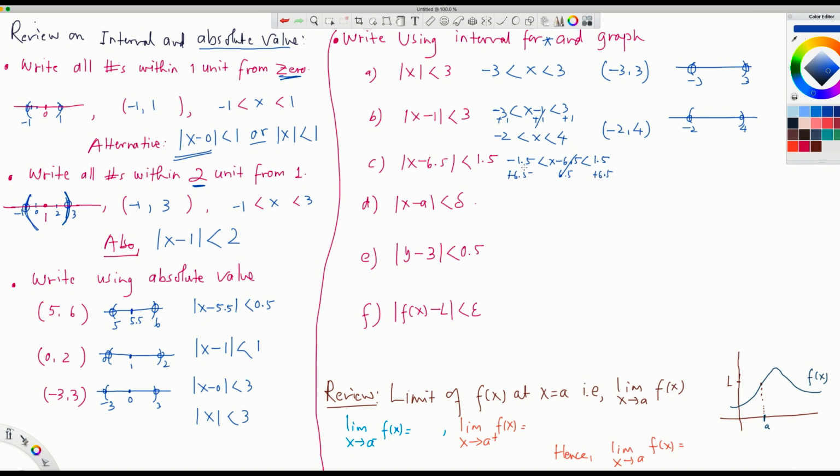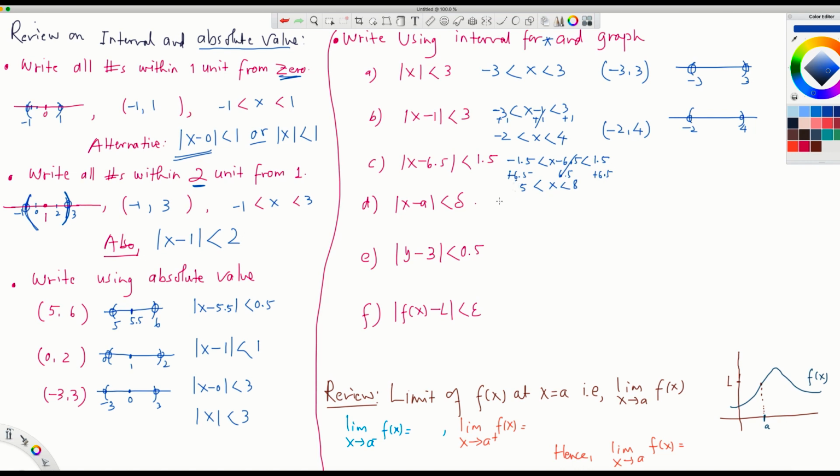If you do that, what do you get? 6.5 minus 1.5 will give you 5, and then less than x less than 8. You see that? This is what you get. You don't need parentheses here because we are using the inequality, the less than symbol there.